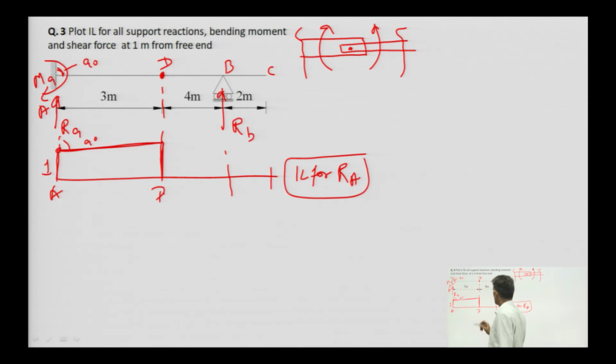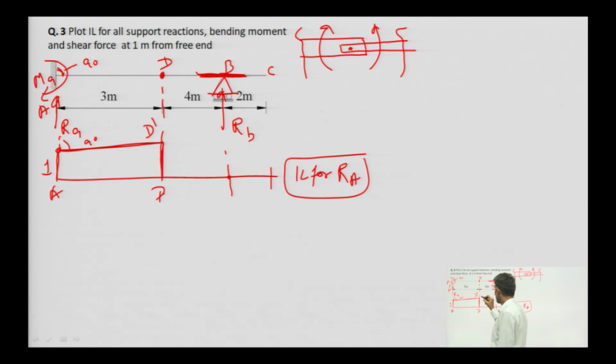Okay. If this point D is going to D dash and hinge is present at point B, then that one part will rotate at this point.